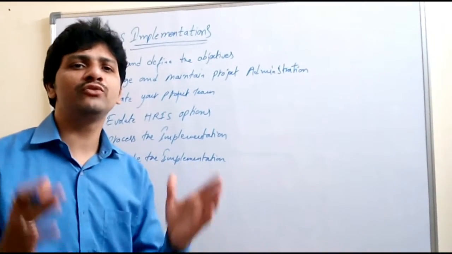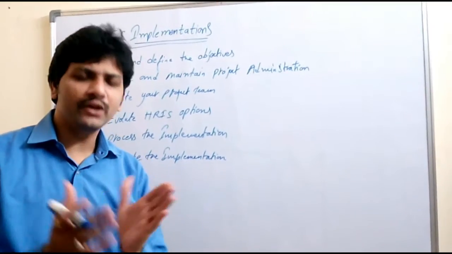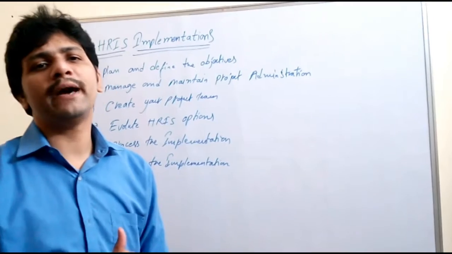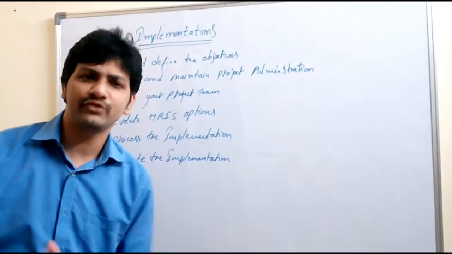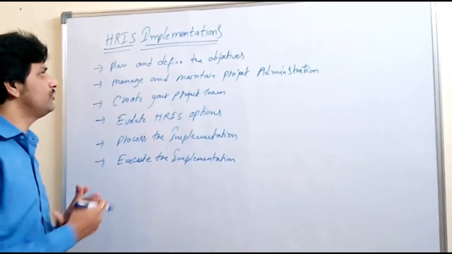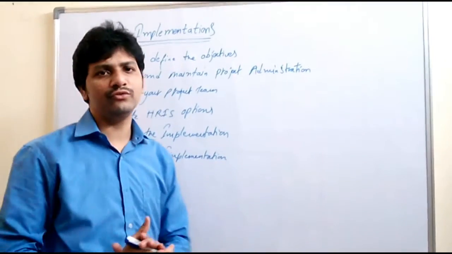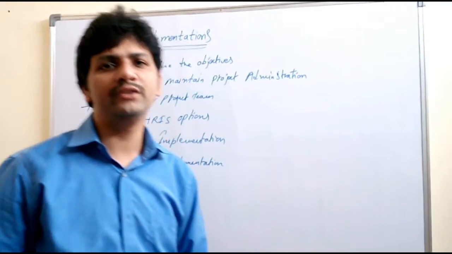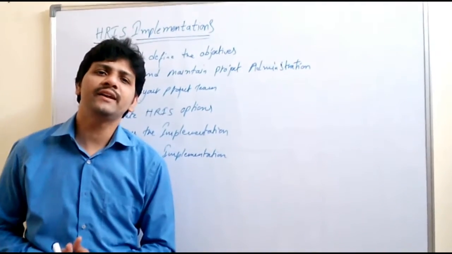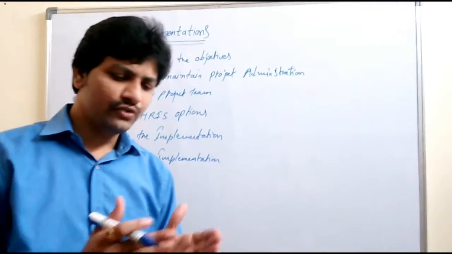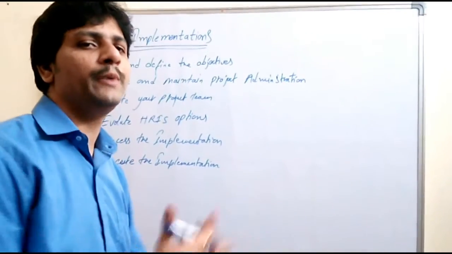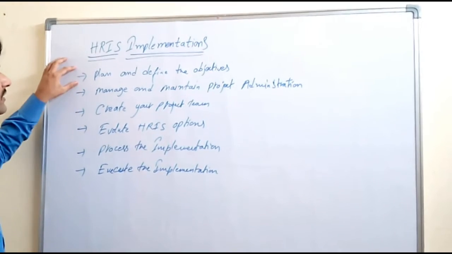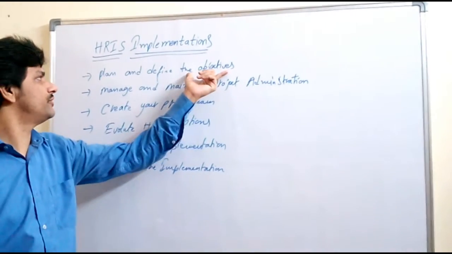These are clubbed into different forms, and navigations and different logics are applied. Before defining the HRIS software, they have to analyze the entire software, what inputs have to be given and what outputs have to be obtained. So first and foremost, you have to define the objectives.